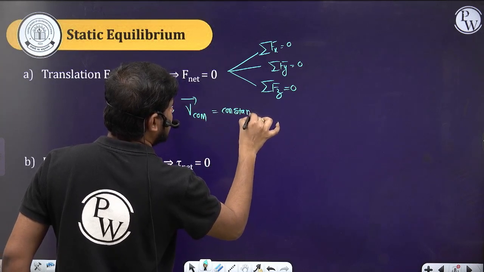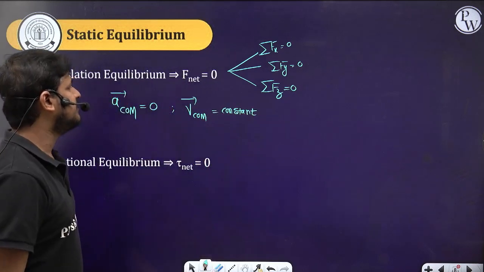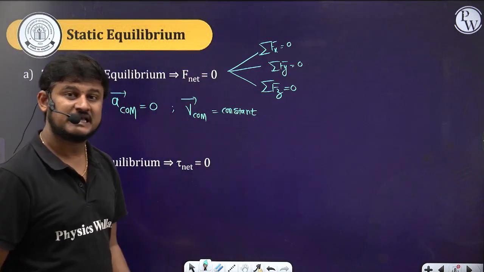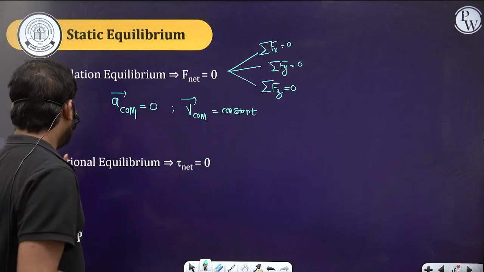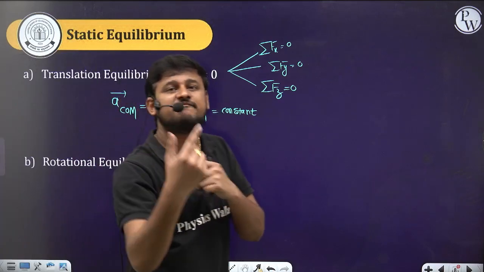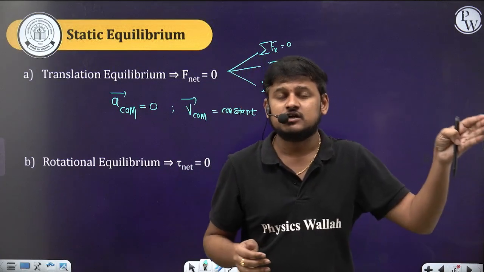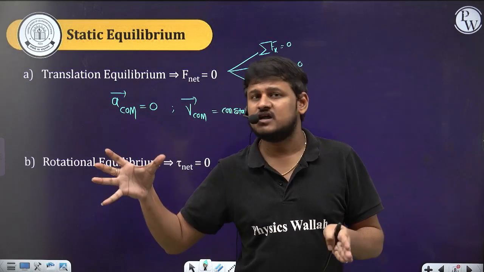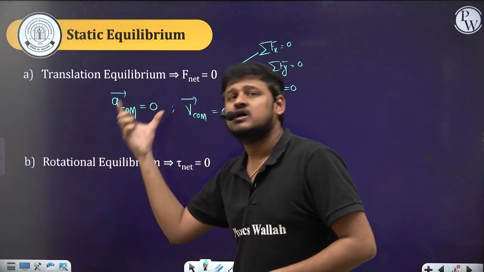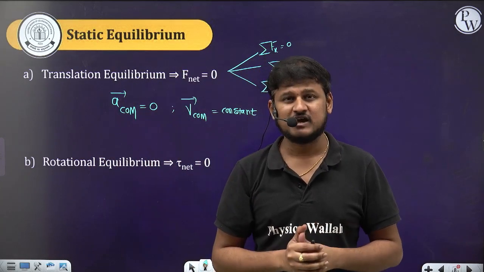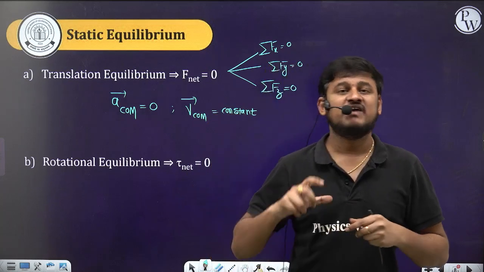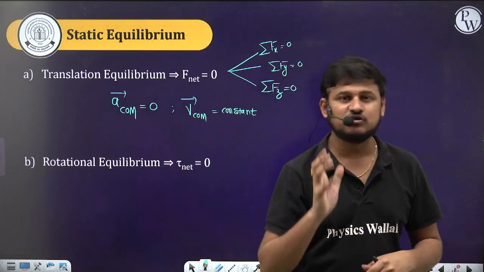So a body is said to be in translational equilibrium when the net force acting on the body is 0. Similarly, a body will be said to be in rotational equilibrium. In linear terms, whatever role the force plays, in the angular case the torque plays the same role. So a body is in rotational equilibrium whenever the net torque acting on the body is 0.